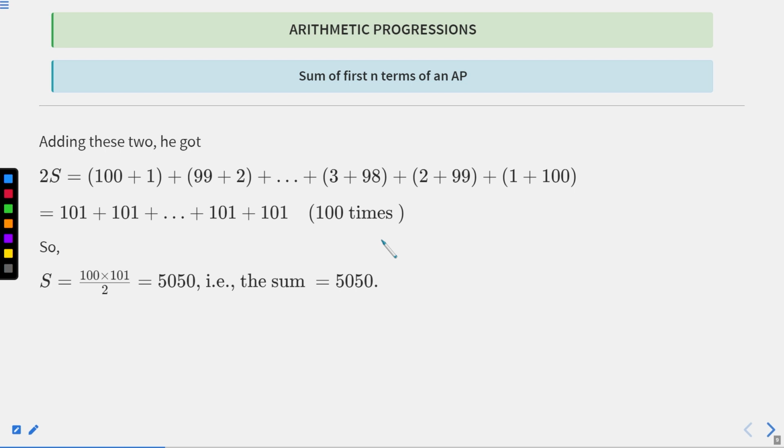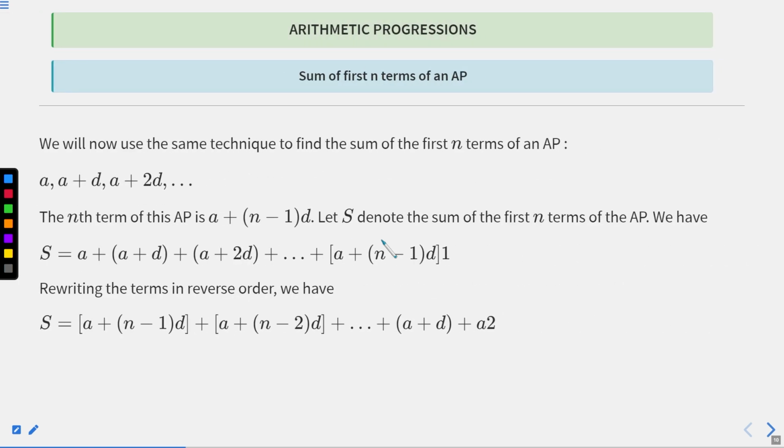So 101 plus 101 plus 101 plus dot dot dot plus 101, added 100 times. So 2S is equal to 100 times 101, and S is equal to 100 times 101 divided by 2. If we calculate it, we get 5050. So the sum of positive integers from 1 to 100 is equal to 5050.